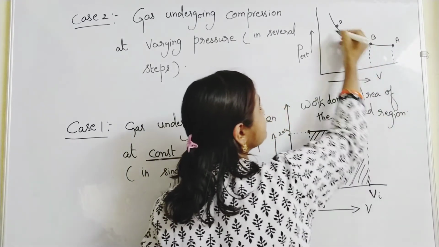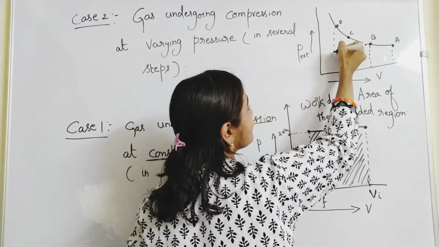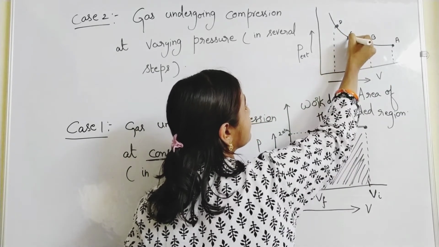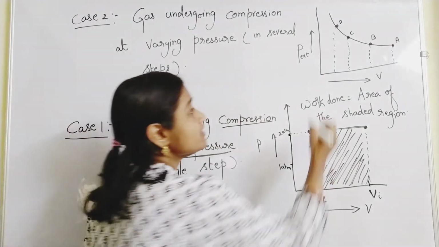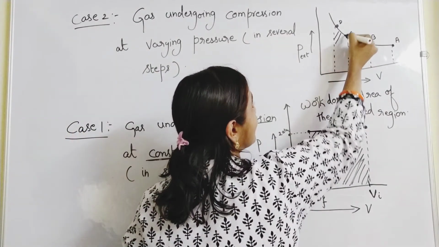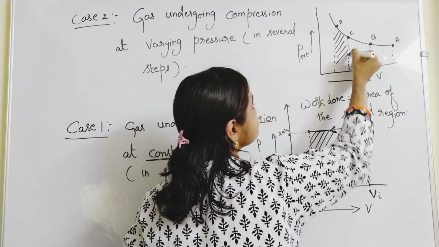Just join them. You are finding the area under the curve. If you join these lines, I am shading that area.